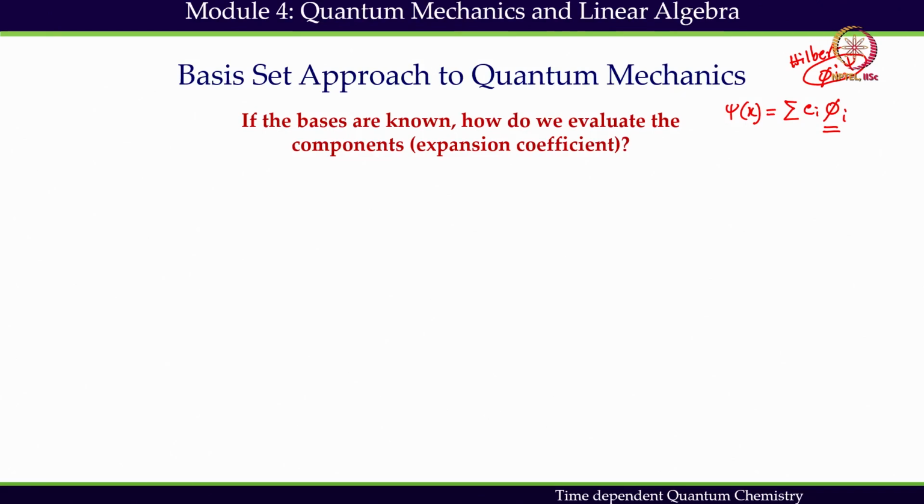this linear combination. Now, when you do this linear combination with respect to this phi I basis, one can present this psi as a column matrix with its components C1, C2, C3, and we have said that this is going to be for the reduced Hilbert space, where we have truncated this infinite summation to some certain number n, and that is the way we can represent it. So, this is the basis set representation of the wave function.